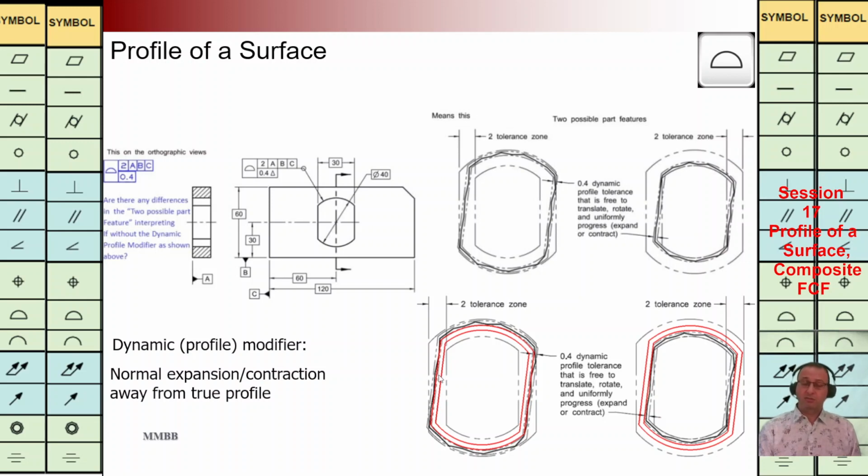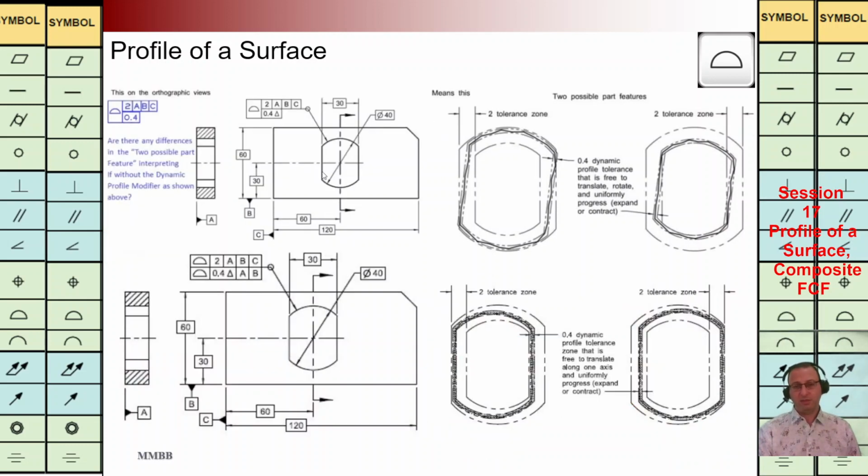It is around the true profile, not through, around the basic dimension, and these red boundaries can move and rotate in the tolerance zone equal to 2. That is the advantage of the dynamic modifier. We can have expansion or contraction.